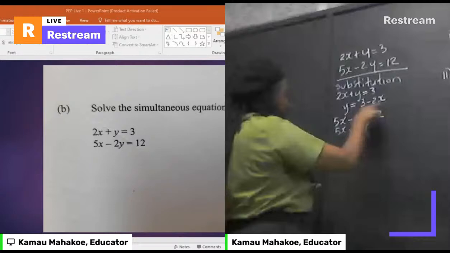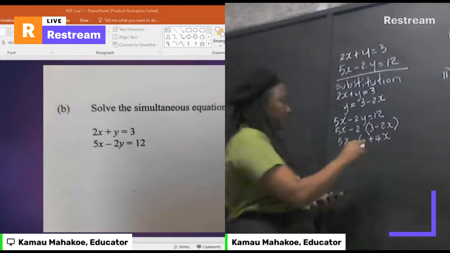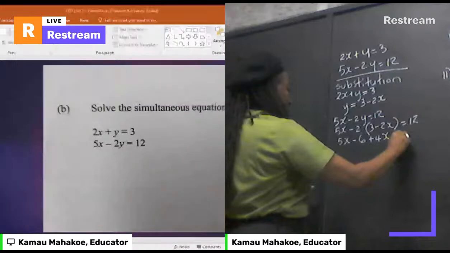Now I'm expanding the brackets using the distributive law. Negative 2 times 3 is negative 6. Negative 2 times negative 2x is positive 4x. Equals 12. Don't forget that part. Now we're going to combine the 5x plus 4x, that's 9x.